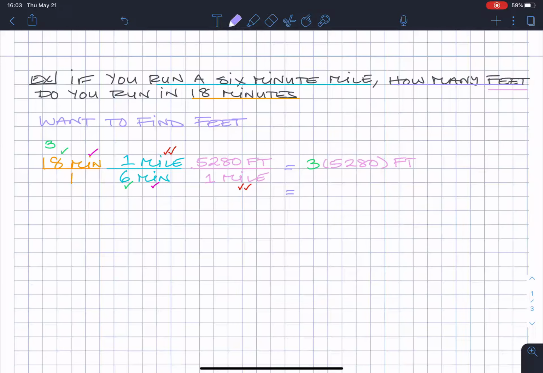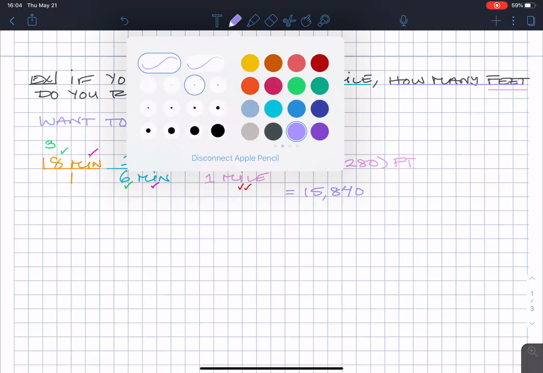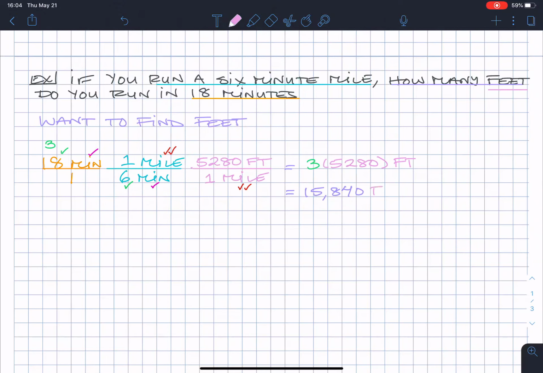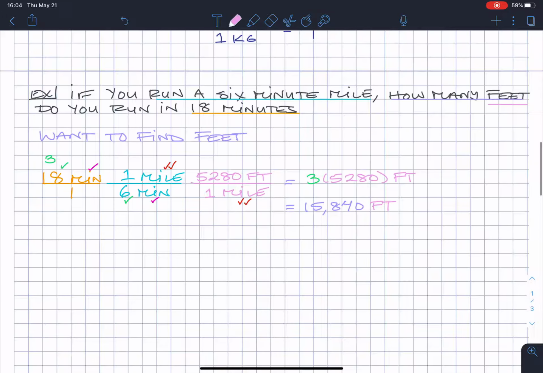So 15,600. 3 times 80 is 240. So 15,600 plus 240 leaves me with 15,840. What am I saying? Feet. So this is how many feet I will run in 18 minutes.